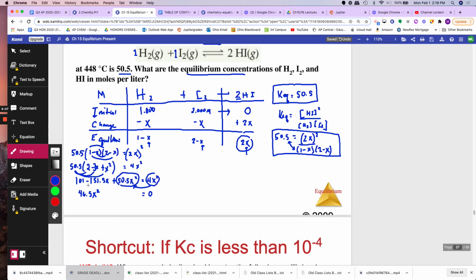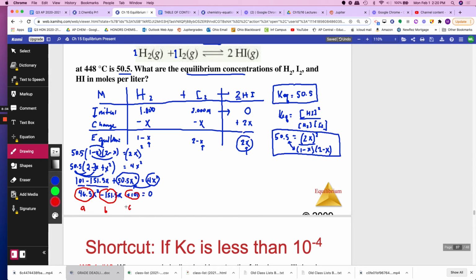Then I'm just going to rewrite this one, negative 151.5x, and then write this one, plus 101. Okay, so using the quadratic equation, this would be the a term, this would be b, and this would be the c term.